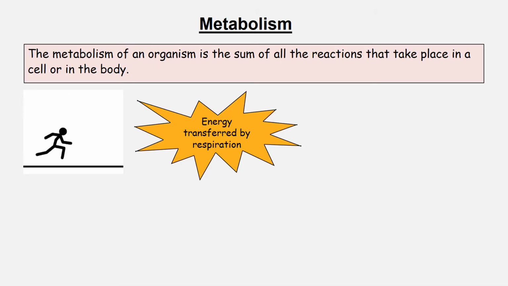Something we do need to put down in our notes, because it is incredibly important, is a definition for metabolism. The metabolism of an organism is the sum of all of the reactions that take place in a cell or in the body. A lot of people think of respiration as being metabolism, that's it, but it's not. It's all of the different reactions that are taking place inside us.